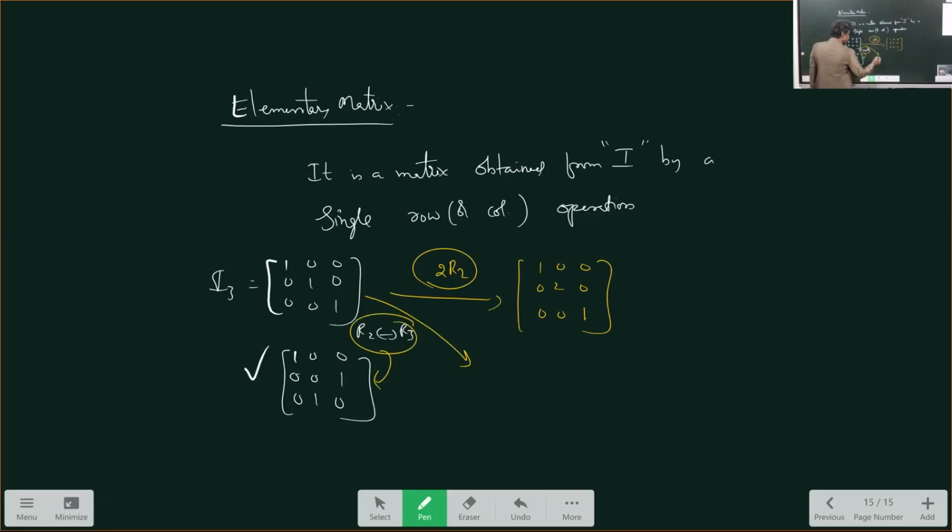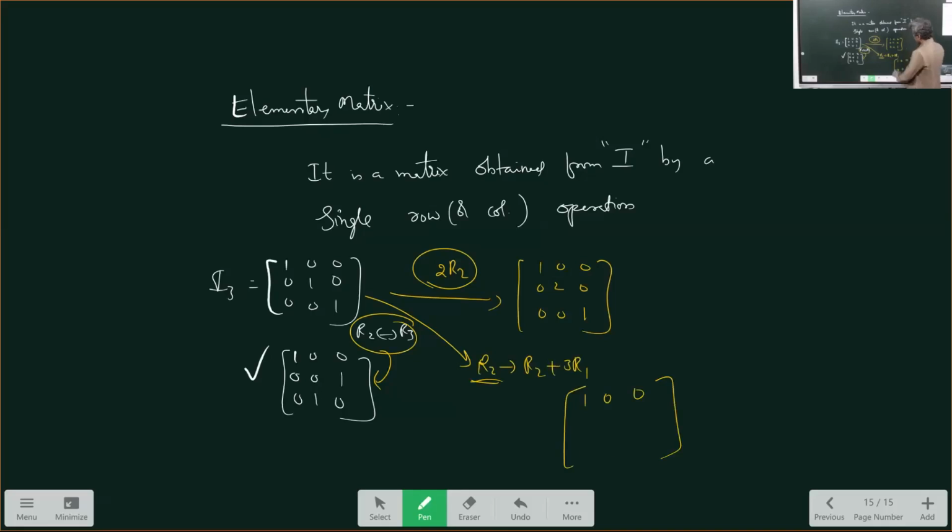Any one operation. I am writing R2 equals R2 plus 3 times R1. Please check it. This will result in an elementary matrix. Only R2 is changing. R1 is 1 0 0. R3 is 0 0 1.